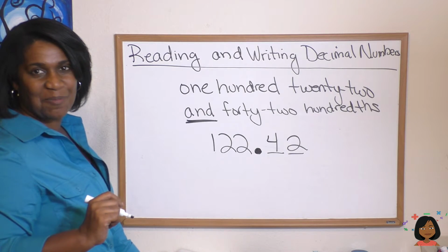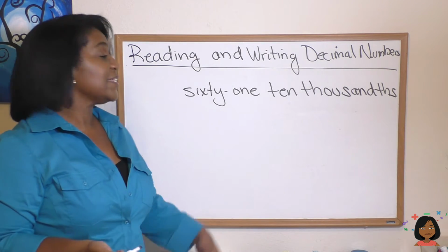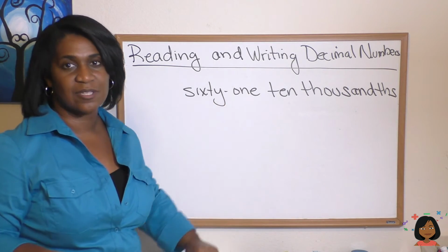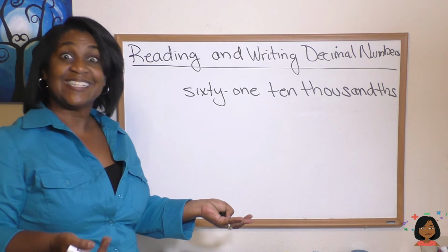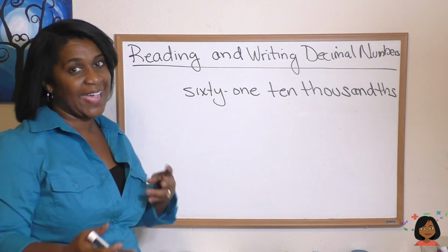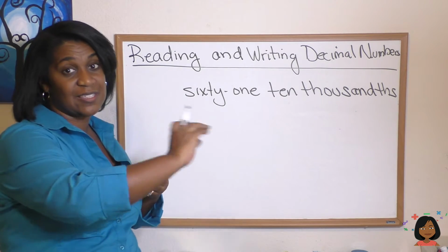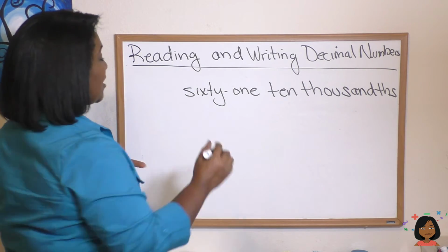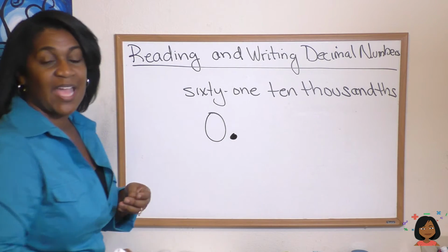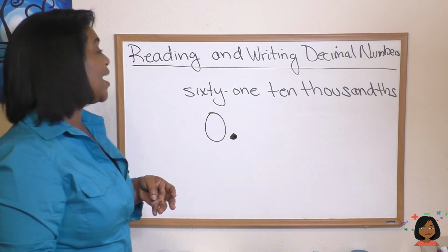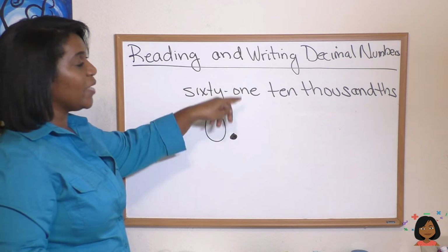One last example. Here it says 61 10,000ths. So my first question for you is, is this a mixed number? No, it's not, because we don't see the word and anywhere. So we know we're just writing the decimal portion, which means that we're going to start with a 0 and a decimal point. Now we can figure out where to put everything else. So 61 10,000ths.